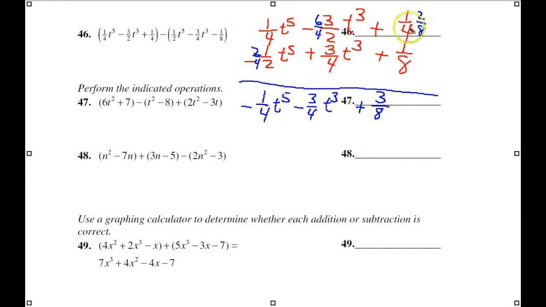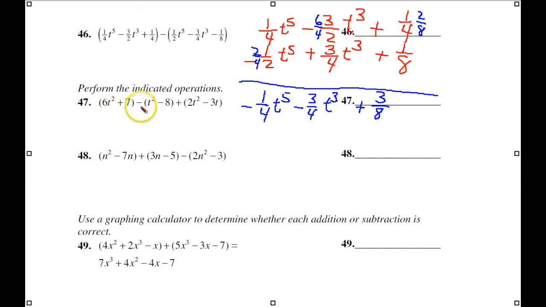And then in blue, it shows the equivalent fractions, so I get a common denominator. So here, this is a negative 2/4 plus 1/4, a negative 1/4. Then this is 3 from 6 is 3, and this is negative, so negative 3/4 t cubed. And now it's just a matter of adding the 2 and the 1 to give us the 3/8.